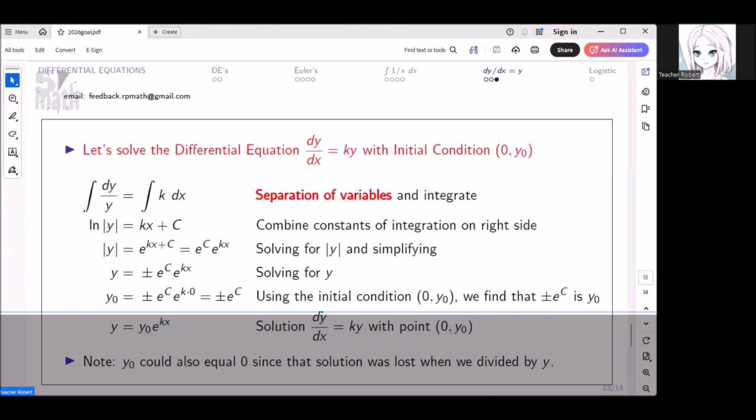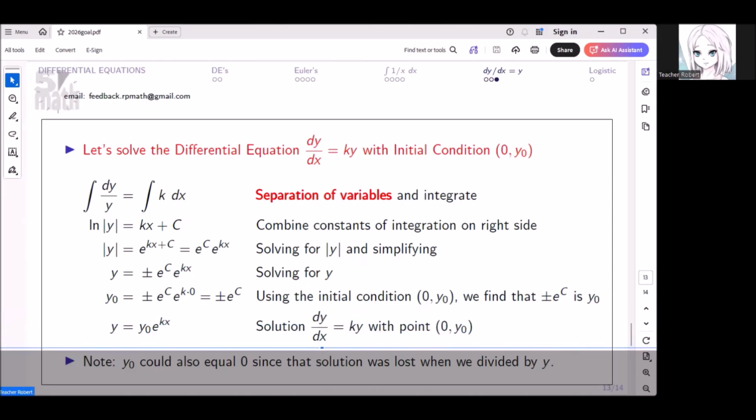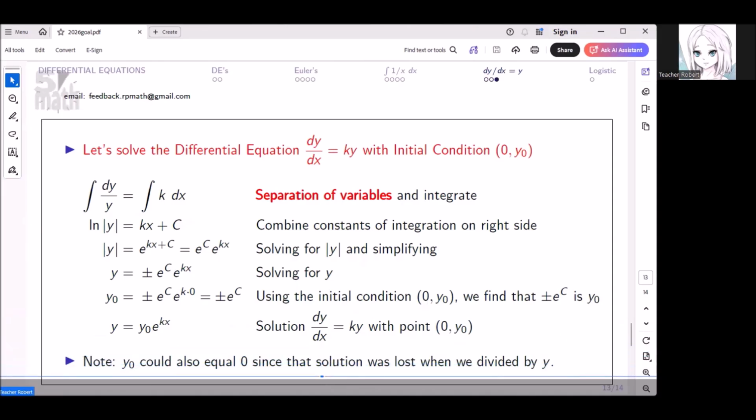Using the initial condition 0, y0, we find that plus minus e to the c is y0. Solution to dy dx equals ky with point 0, y0. Note, y0 could also equal 0 since that solution was lost when we divided by y.